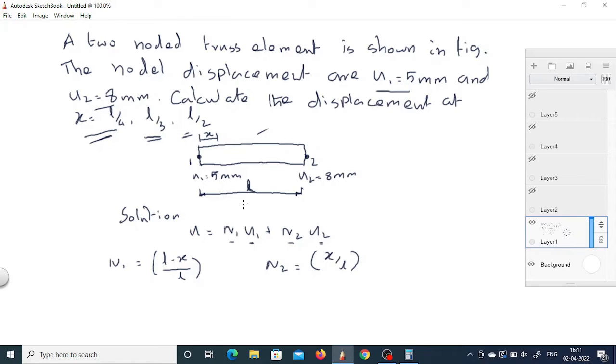Let's see. Here the formula is u is equal to N1 u1 plus N2 u2. So I can substitute the N1 and N2 values into this formula.